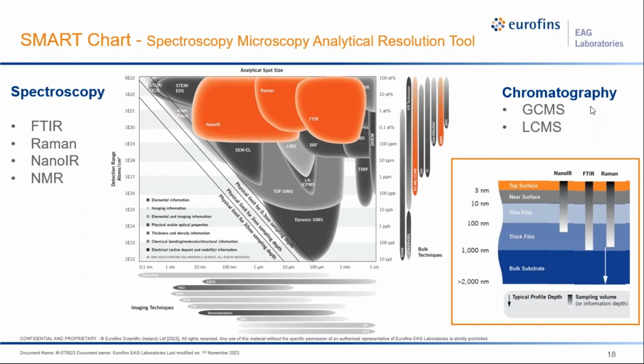The chromatographic techniques are bulk, while the spectroscopic techniques, except for NMR, have different sensitivity, with Raman and FTIR having a similar depth of penetration, and nano-IR being much more surface sensitive.